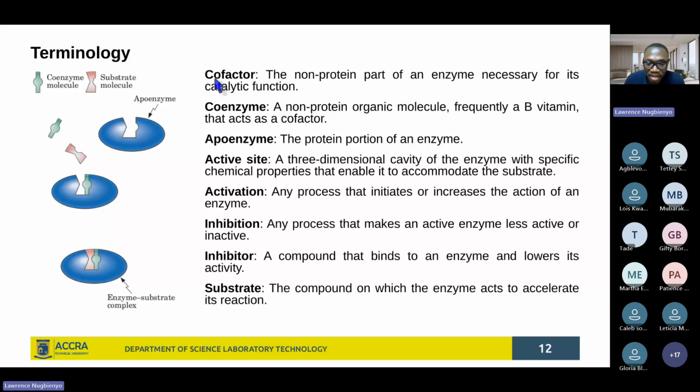Cofactor. What's a cofactor? So we said from the beginning that enzymes were mostly proteins. But you have some non-protein part that is necessary for an enzyme to be active. And many of these are metal ions.